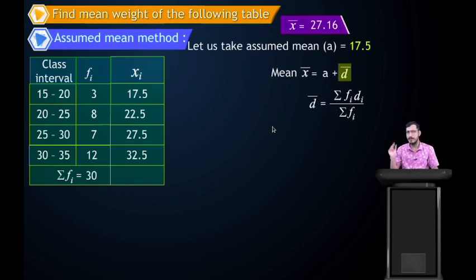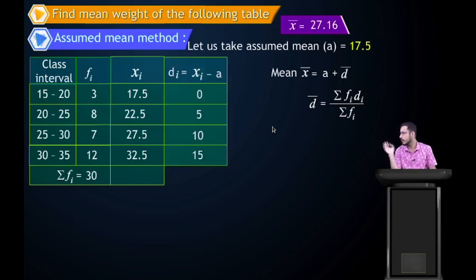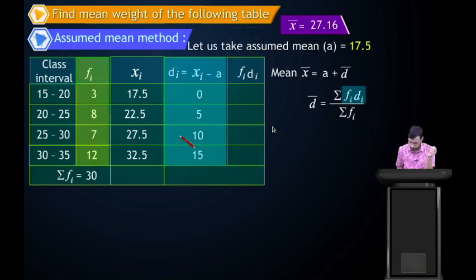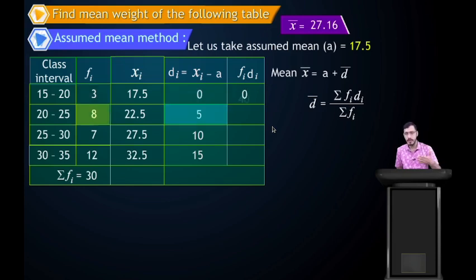So draw the column D is equal to x minus A. 17.5 minus 17.5 is 0. 22.5 minus 17.5 is 5. 27.5 minus 17.5 is 10. 32.5 minus 17.5 is 15. Now for sigma fidi, first we multiply fi and di: 3 into 0 is 0, 8 into 5 is 40, 7 into 10 is 70, and 12 into 15 is 180.